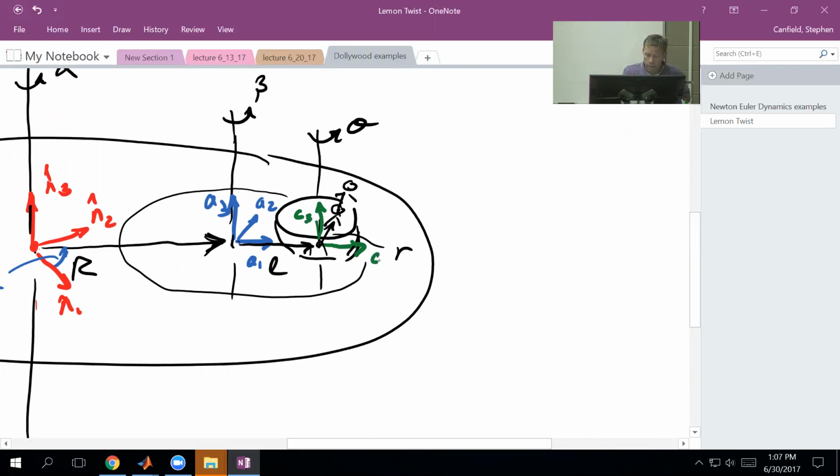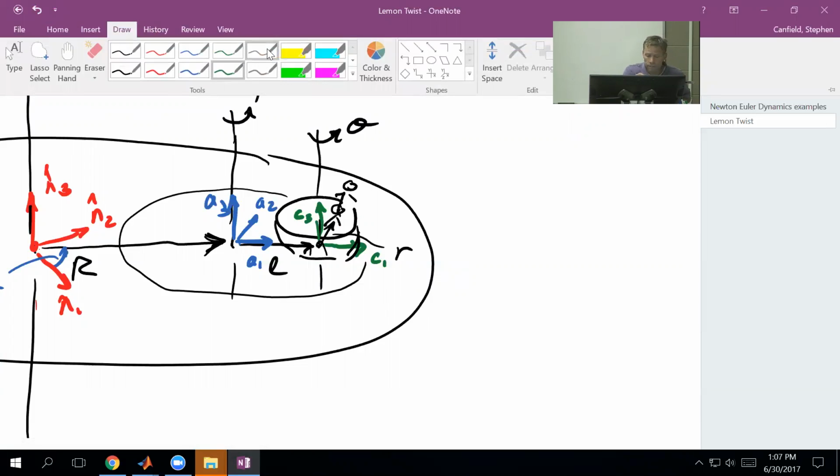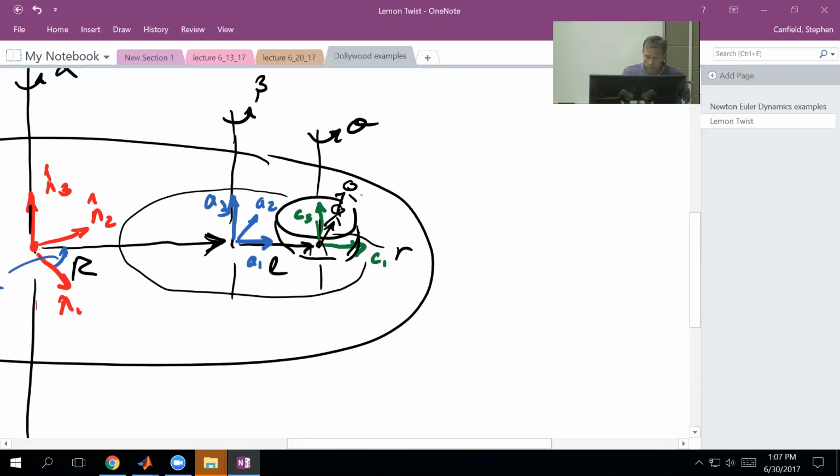Here's my C1 axis. And then finally, I'm going to have a frame attached to my rider. This frame C is moving relative to frame A with some beta. Finally, I have an axis here at my center of mass, and that's the one I'm reserving to call my body fixed frame. So that's a B1, a B3. Of course, there's a B2 over here. And that's rotating relative to C by some value theta.